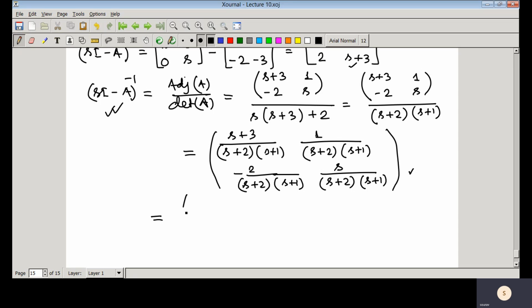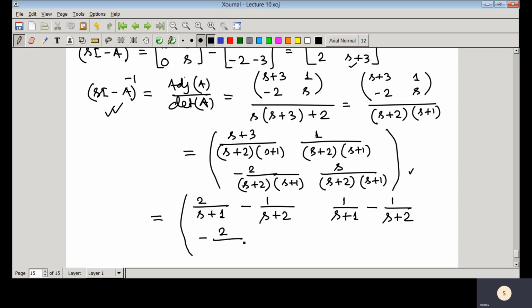If you simplify that, I am just writing it in factor form, you get s plus 1, minus 1 by s plus 2, the first term, the second term. So write it in partial fraction form: 2 by s plus 1 minus 1 by s plus 2, and here you have s plus 1 by 2 by s plus 2.